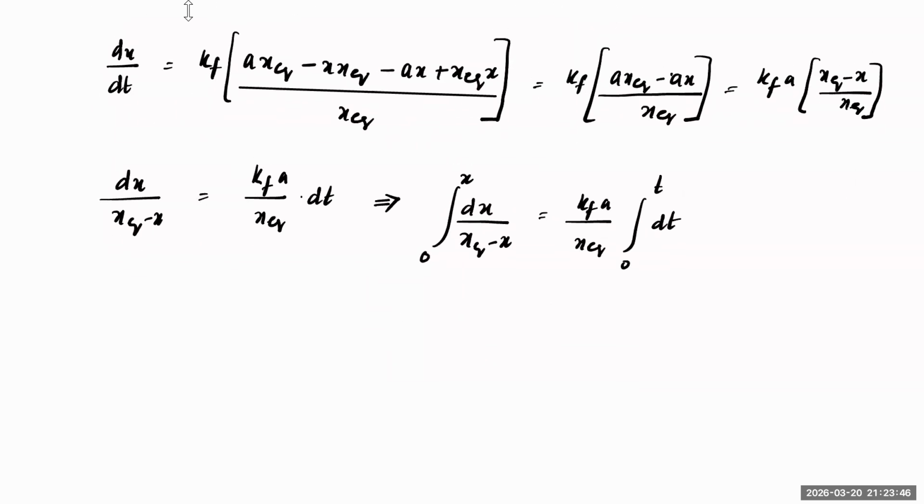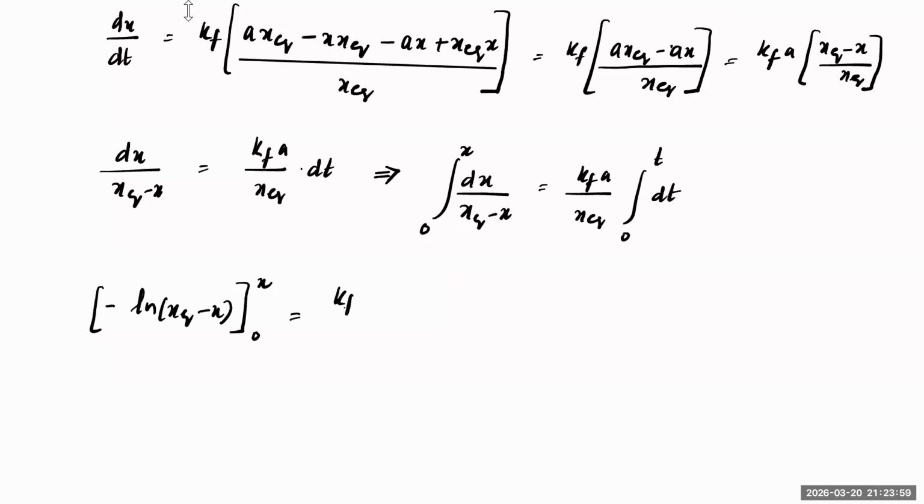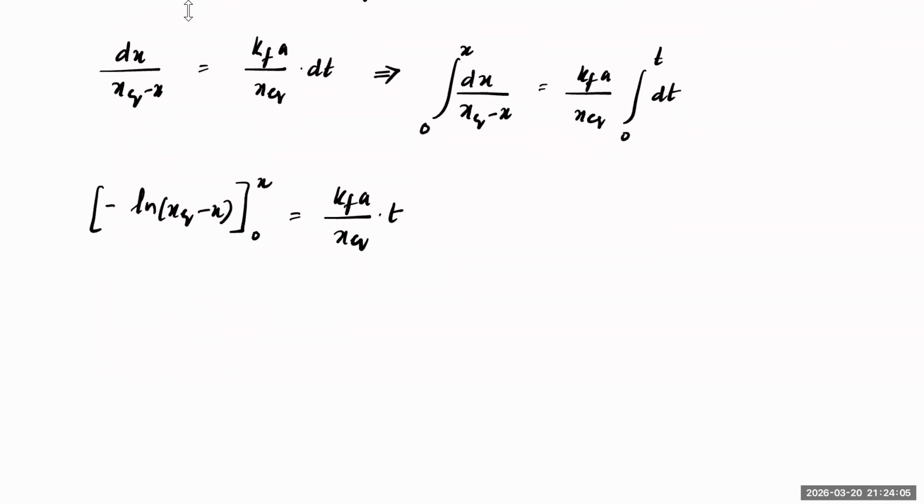Now if I integrate this, I will get minus ln (x equilibrium minus x), going from 0 to x, that is equal to kf into a by x equilibrium into t. So if I substitute, first I'll substitute 0 and x because of this minus. So ln, if at all I put 0, that will be x equilibrium by (x equilibrium minus x). So that is equal to kf into a by x equilibrium into t.